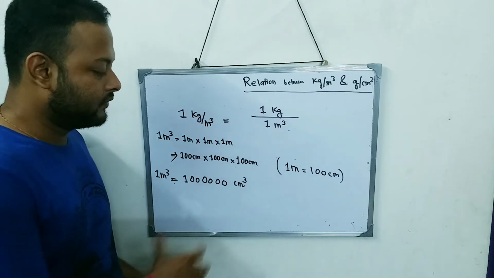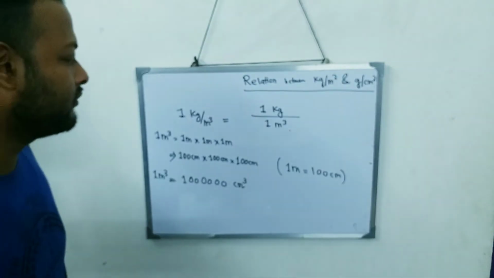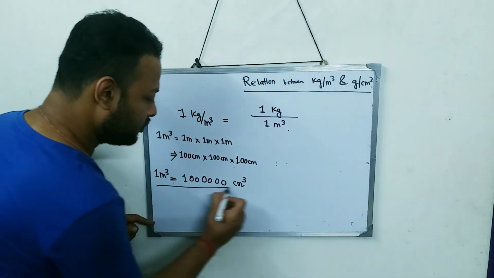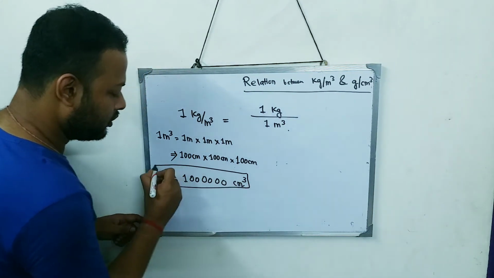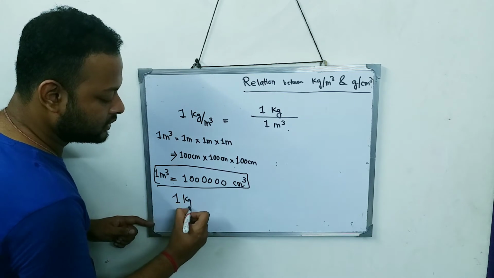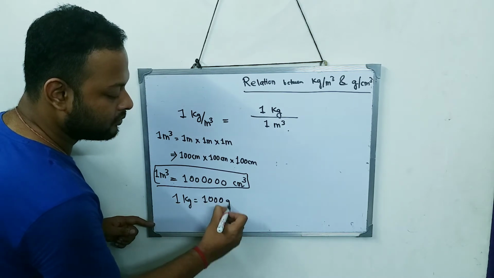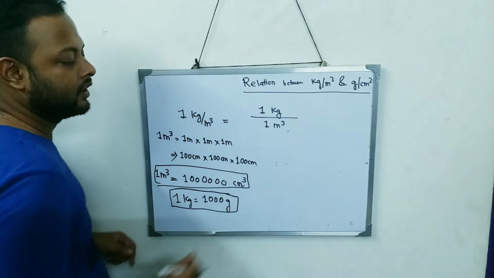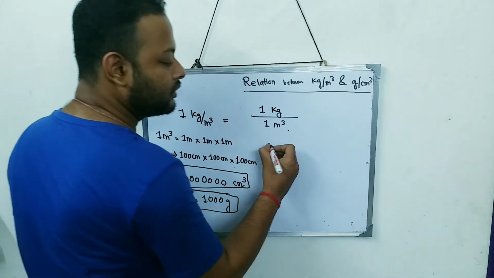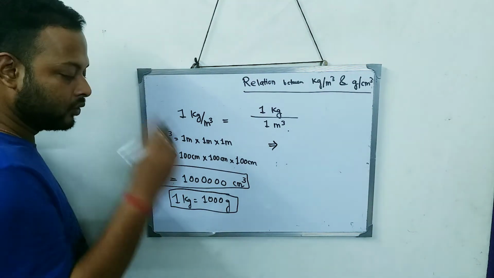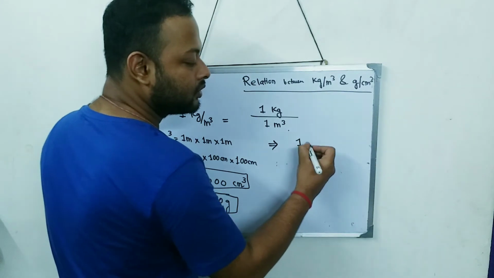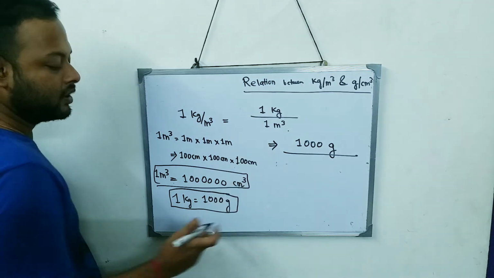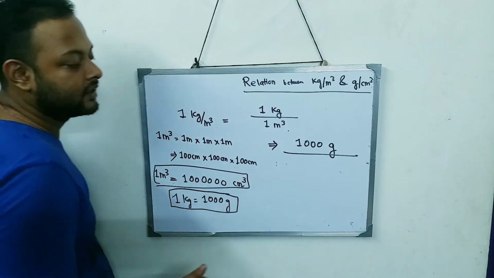I will put these two values over here: 1 kg is equal to 1000 gram, and 1 meter cube is 10 lakh centimeter cube.